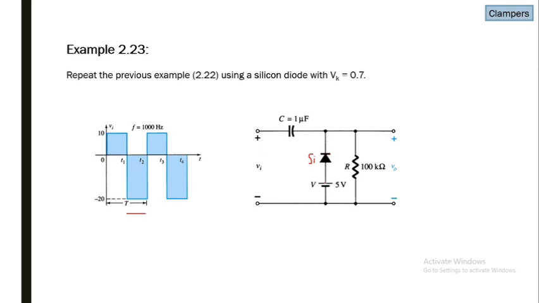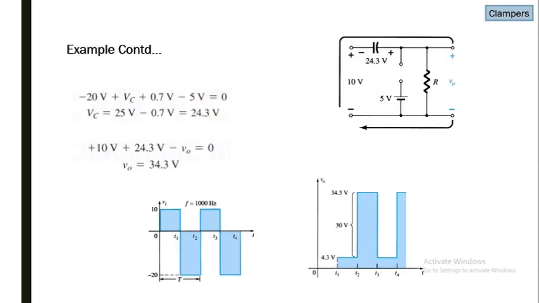So if we apply positive signal, that will make diode reverse bias. So for this time, that is T2 to T3, our circuit will be like this.